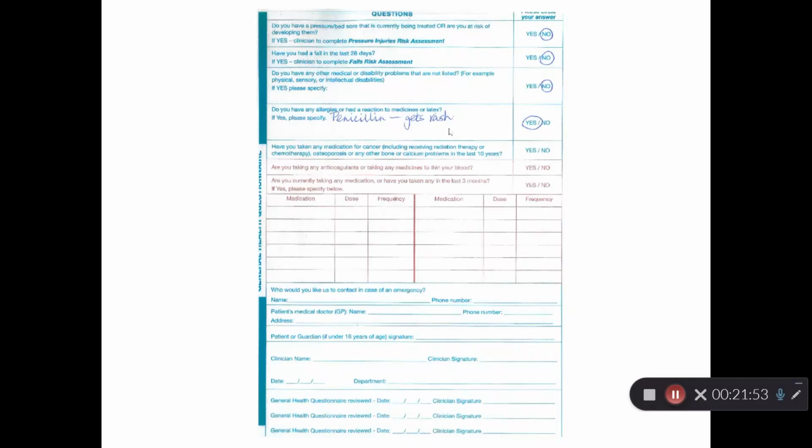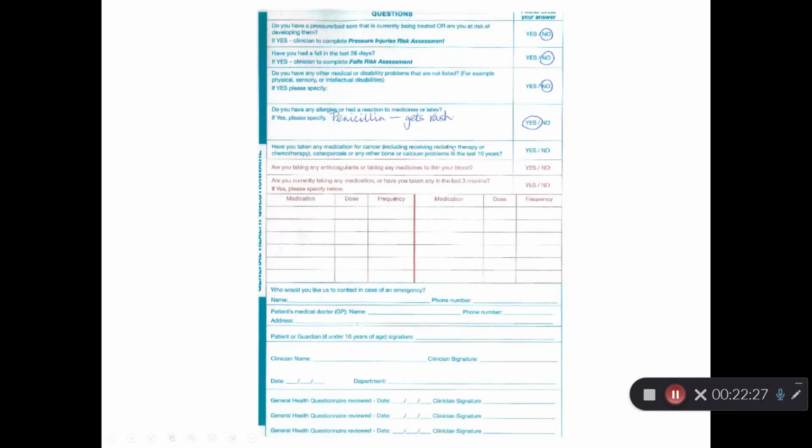Then I would ask the next section and say, have you had any medication for osteoporosis or any other bone or calcium problems in the last 10 years? Because it's too complex a question to ask all in one go. And they're all very important points to make sure that you get clear and accurate information.